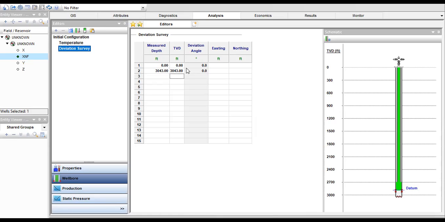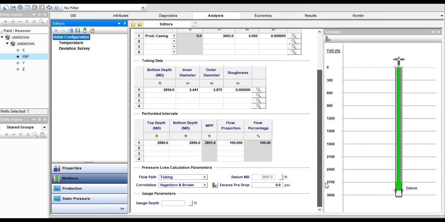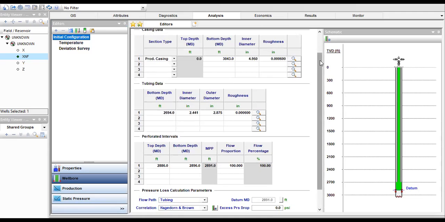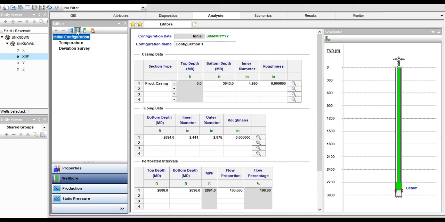It's very easy. Okay, so I think we are good. Okay, so let's try it. Calculate sandface pressure. Hopefully the sandface pressure has been calculated.